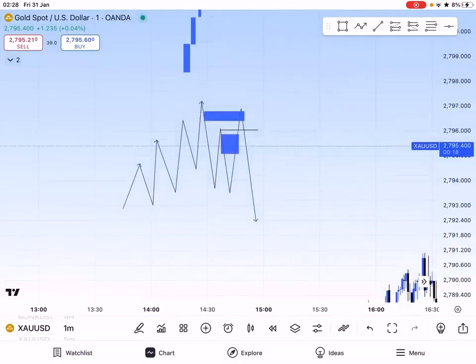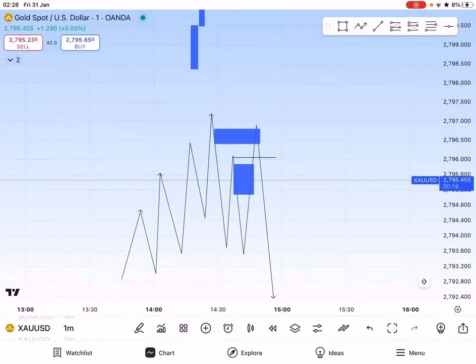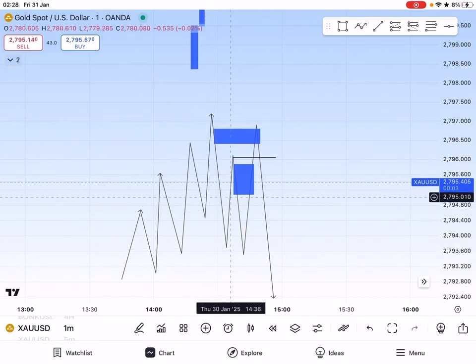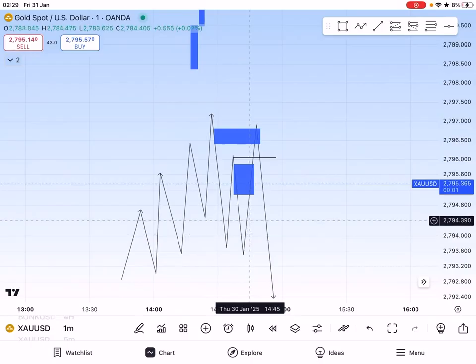So back to this strategy. If the move has an imbalance, that's a good one, but not all your moves or all your setups really have an imbalance. Whether the imbalance is at the main move or at the inducement, any one is okay. If it doesn't have, no problem, you just need to watch out for the main confirmation.